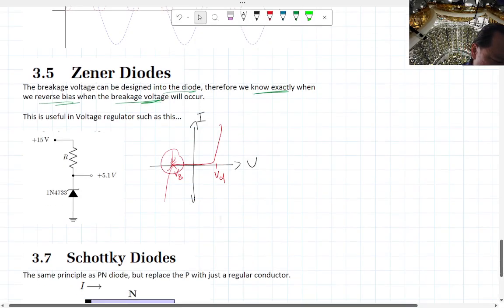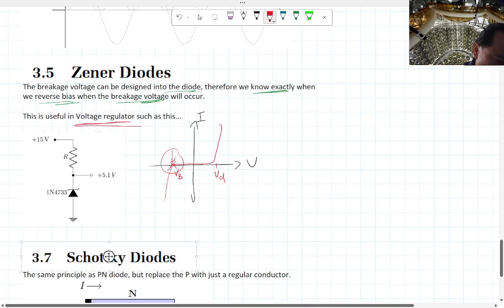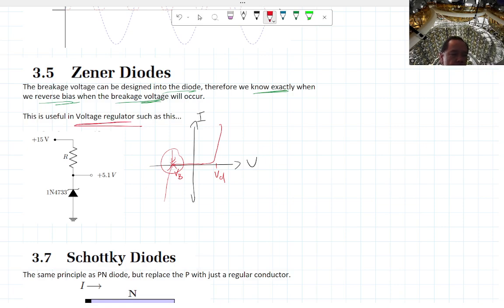And why this is useful is it's used as a voltage regulator. Basically, it's a way to make sure your voltage doesn't get too high and damage your device. So let's say you have a 15-volt power source, but you want just plus 5 volts on your device.